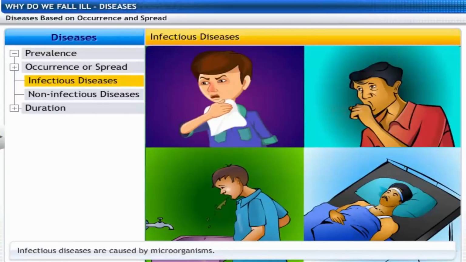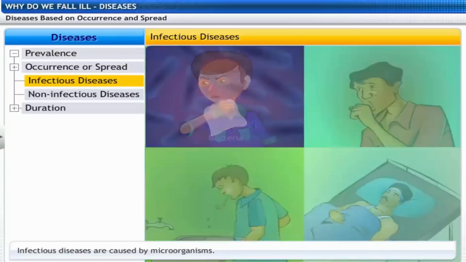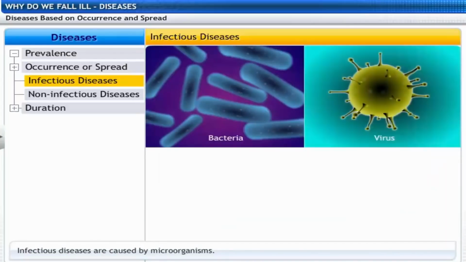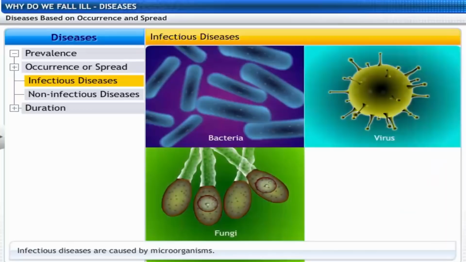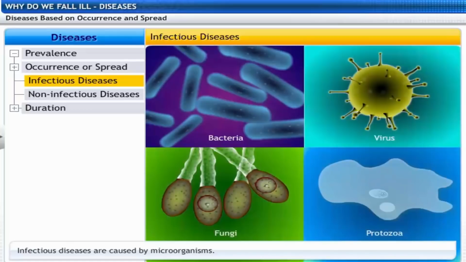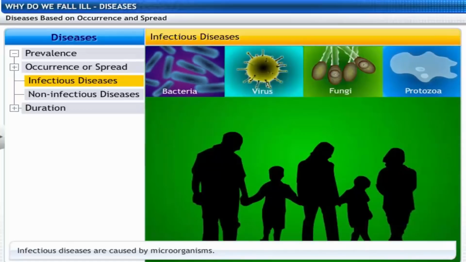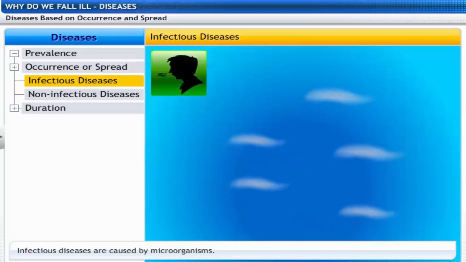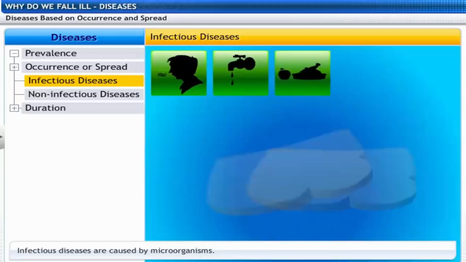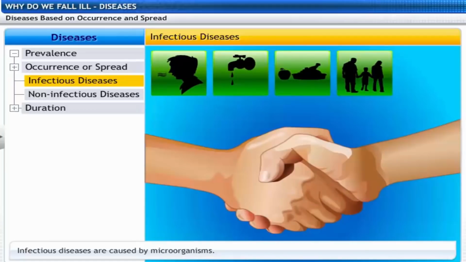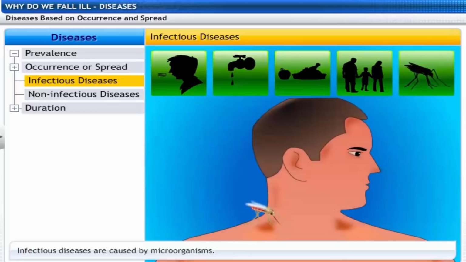Infectious diseases are caused by microorganisms like bacteria, virus, fungi, and protozoa. These diseases spread from one person to another through air, water, food, physical contact, and insects. Hence, they are also called communicable diseases.